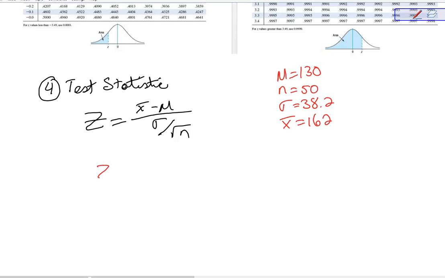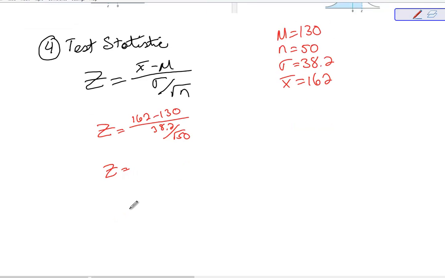So I'm going to plug these numbers into the formula, and I get 162 minus 130 over 38.2 divided by the square root of 50. And I'm going to do this out step by step a little bit. So 162 minus 130 is 32. 38.2 divided by the square root of 50 is going to be 5.402.